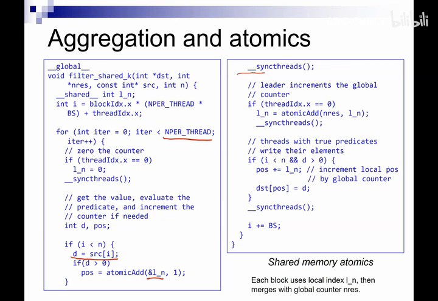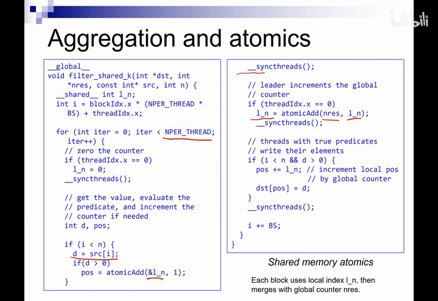We want to add this number into the global number of positive values, so we want to add ln into nres. But we only need one thread to do this, so again we're going to have the first thread do it. We're going to call him the leader. The thread with ID 0 does the atomic add of ln into nres, and he also gets back the previous value of nres.